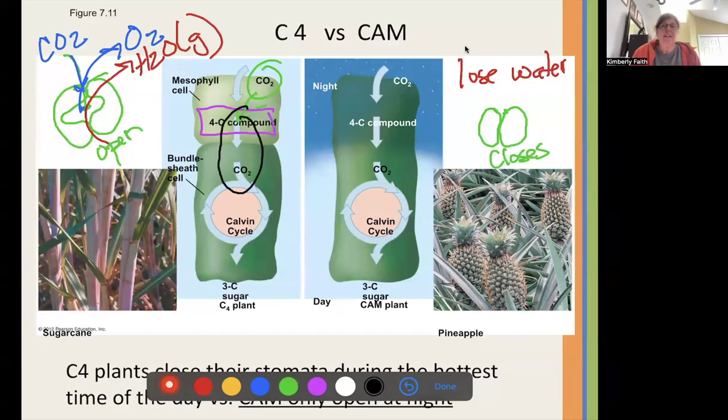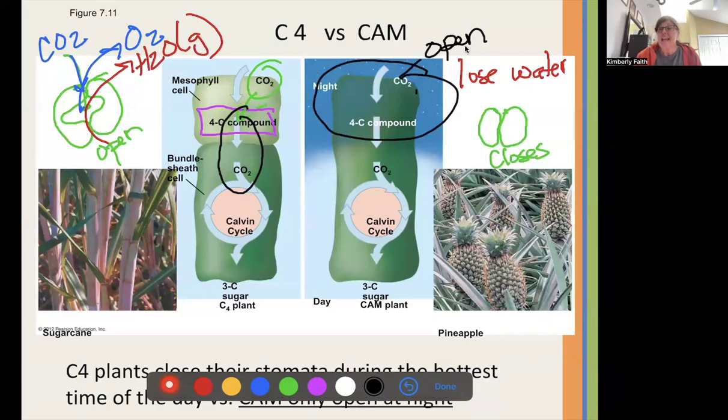Now, there is another mechanism or adaptation that some plants use when they're in really, I don't want to say hostile climates. Pineapple's one. We also have cacti use CAM. What that is, as you can see here, nighttime is the only time it's open for business. At night, the stomata open and it stores up that CO2 in that four carbon molecule.